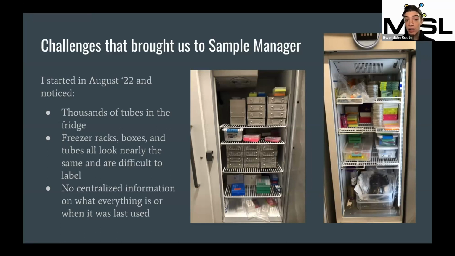They all look very similar. As I'm sure many of you know, it's pretty difficult to fit a lot of information onto a tube. And we had all of our information spread out in a lot of different places. As an academic lab, we have a lot of different researchers working on a lot of different projects, and there wasn't one place where people were writing down all the information about the stuff that was in our cold storage.